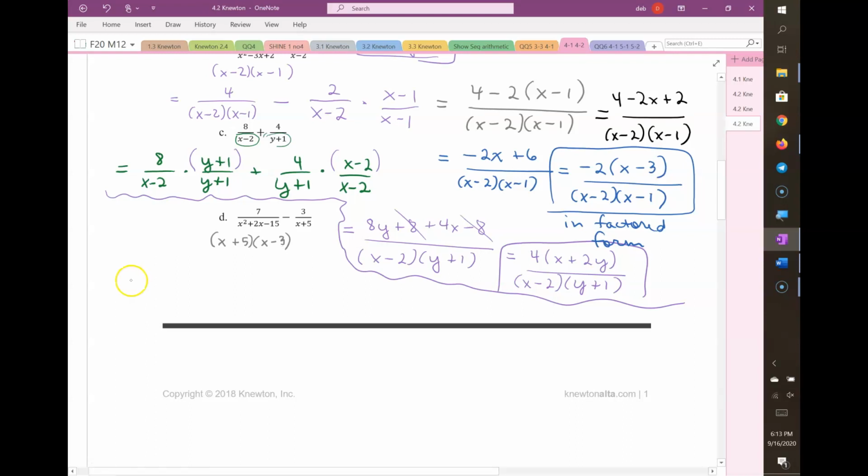So the common denominator is going to be the whole first denominator, x plus 5 times x minus 3. And then it's going to be minus 3 over the factor of x plus 5. So now I need an x minus 3 over x minus 3 in order to have a common denominator.